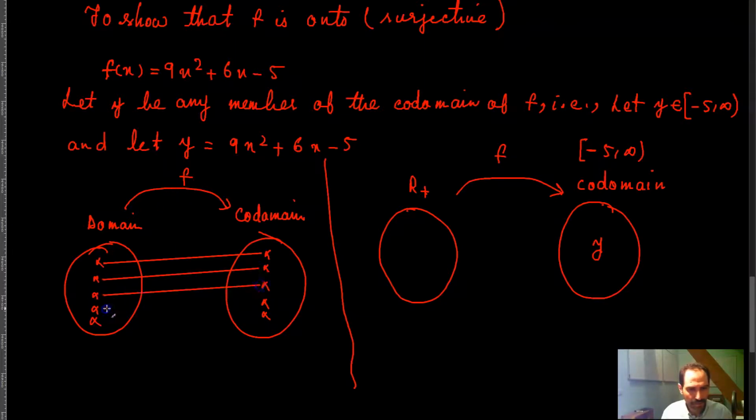All of these elements are mapped this way, but there is one element in here that has not been mapped to, which means that there is no way to get to this element through this rule on the domain of the function.